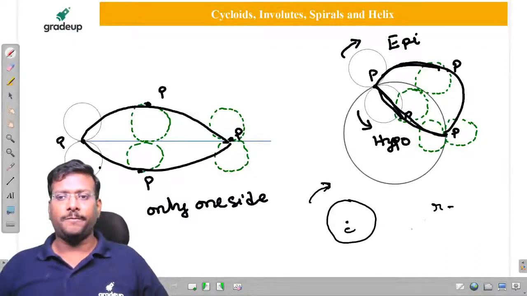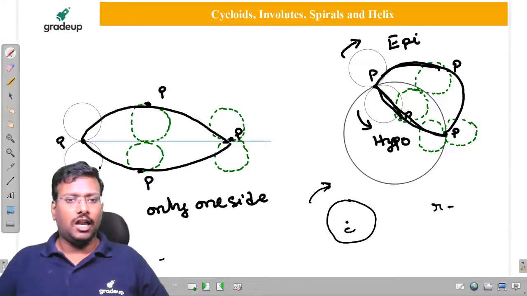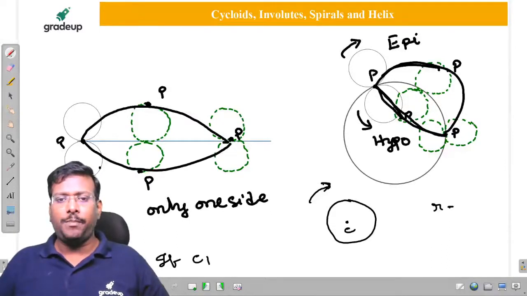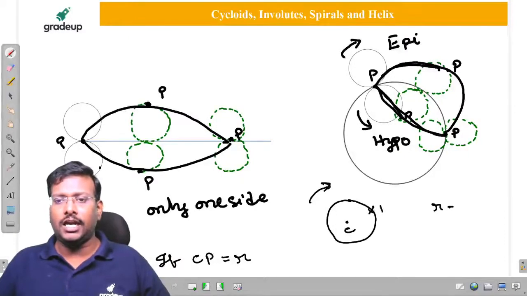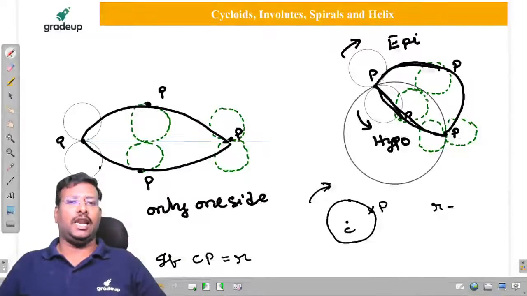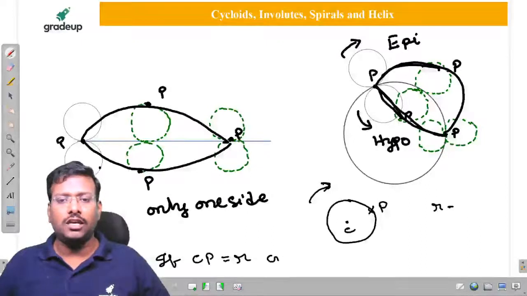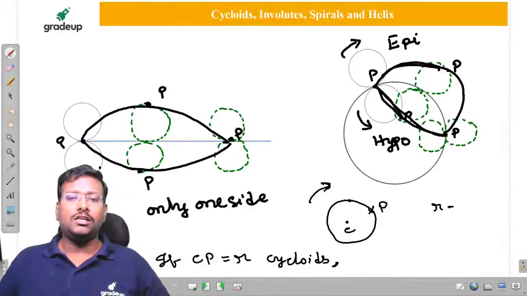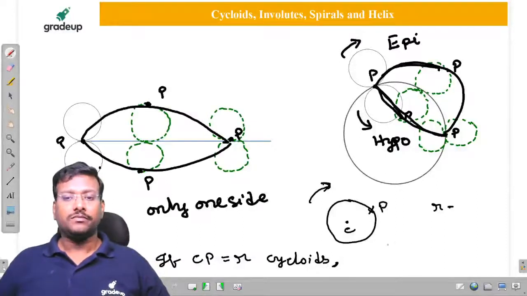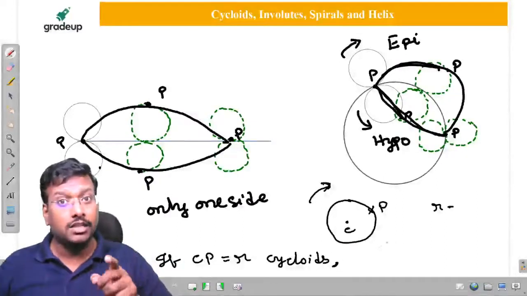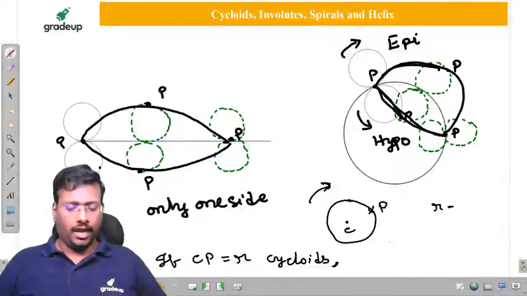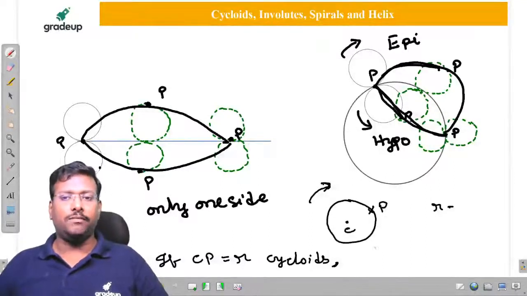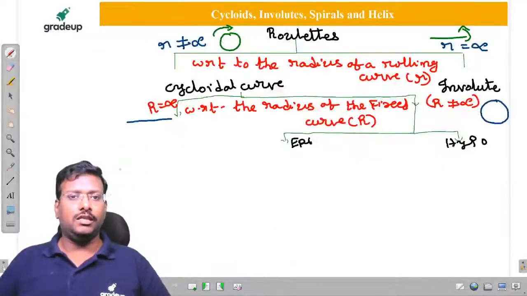Therefore, if all of you observe, if CP is equal to small r, meaning a point on the circumference of the circle, they are called cycloids. Not cycloid, cycloids. Okay, I will come to this one here. Let us consider this case.